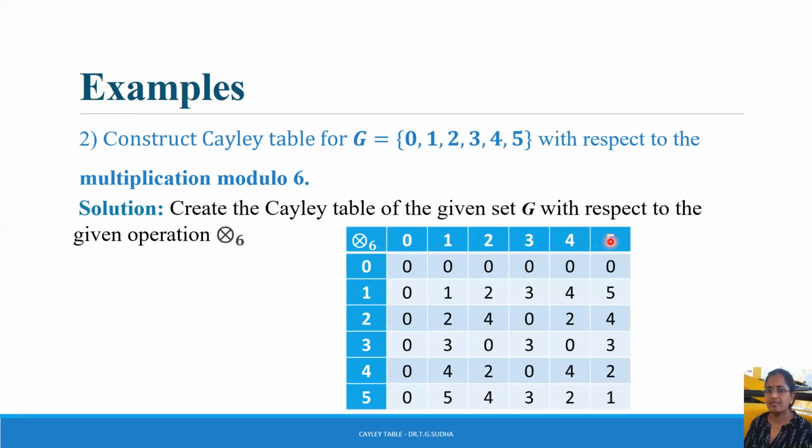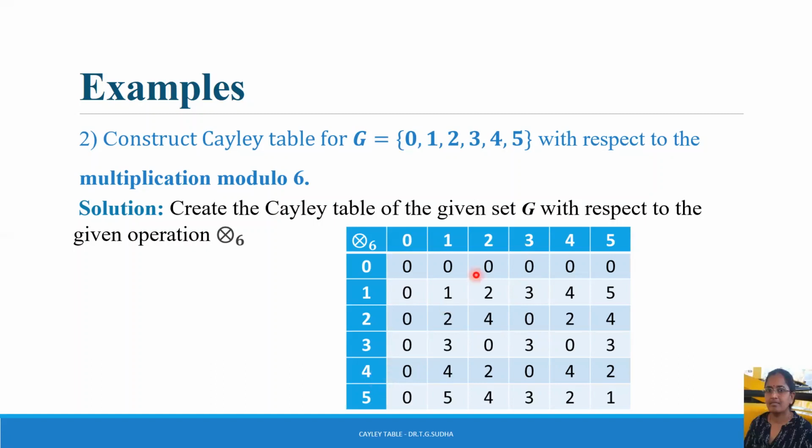The first row contains the elements of G, that is Z6, and the first column also contains the elements of Z6. These are the elements which are obtained after applying multiplication modulo 6 on any two elements of G. So 0 with 0 gives us 0, 1 into 1 gives us 1, whereas 2 into 3 gives us 6, and on dividing by 6 we get the remainder 0, so 0 is entered here.